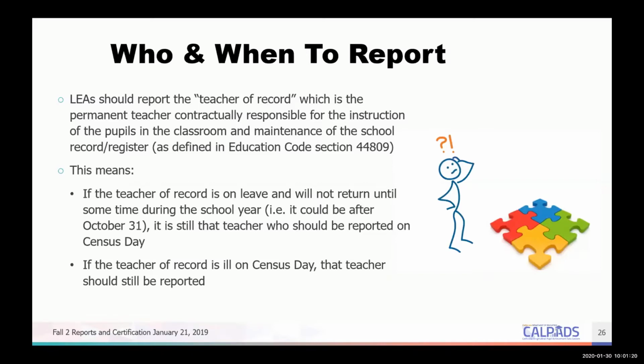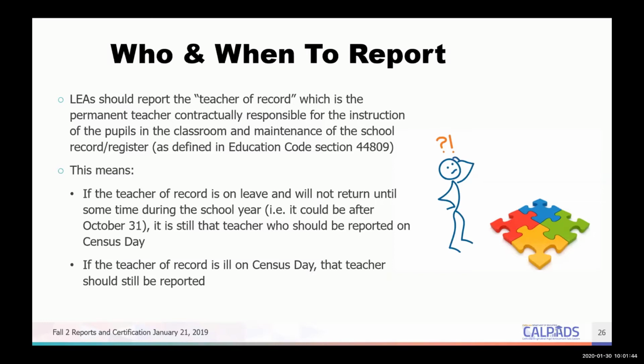Well, the directive from CDE has now changed: you have to report the teacher of record, regardless of whether that teacher is there on census day or not. Meaning if the teacher was on leave, but they were the permanent teacher of record for the class, you should report them for Fall 2.